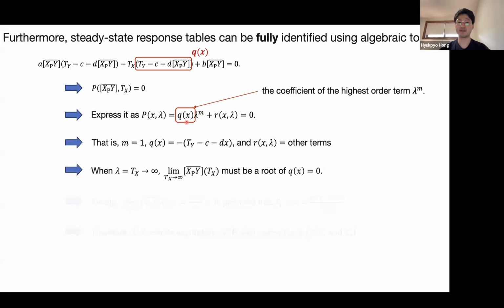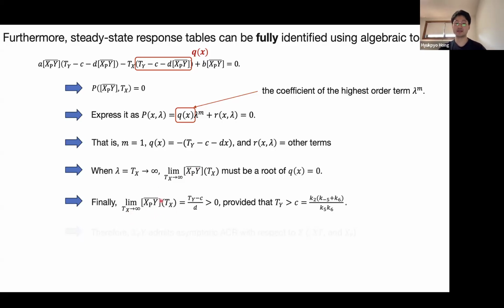That gives that this value, the steady state of xpy, must be a root of q sub x, q of x. That's how we make this capital P function always zero. And that's why when t sub x goes to infinity, this steady state value xp sub y is given by this explicit function.